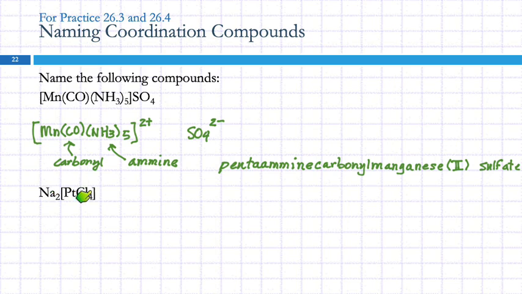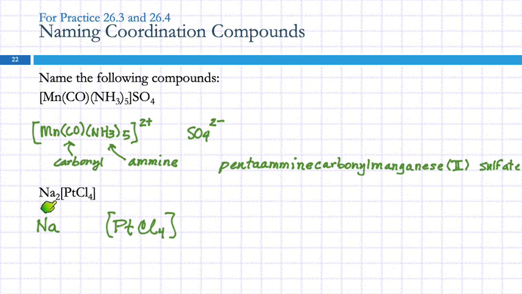Okay, let's do this one. So let's look at what are the two ions that we have. Well, we've got sodium, and we've got PtCl4. Is the formula for sodium Na2? No. Sodium is just sodium.